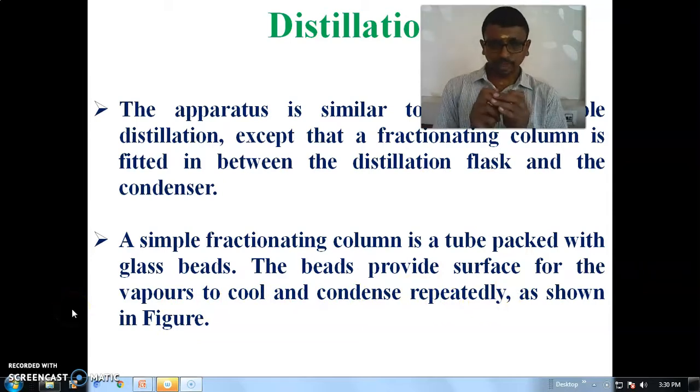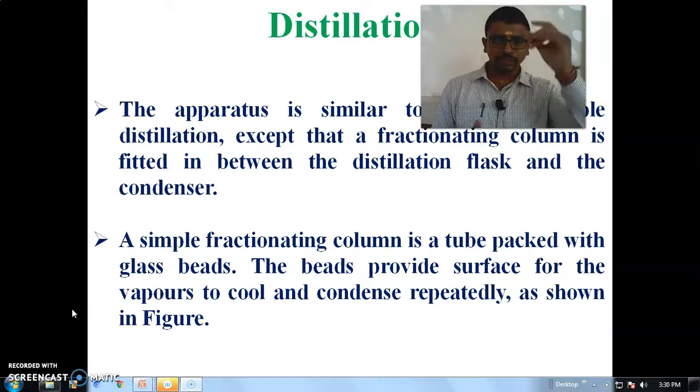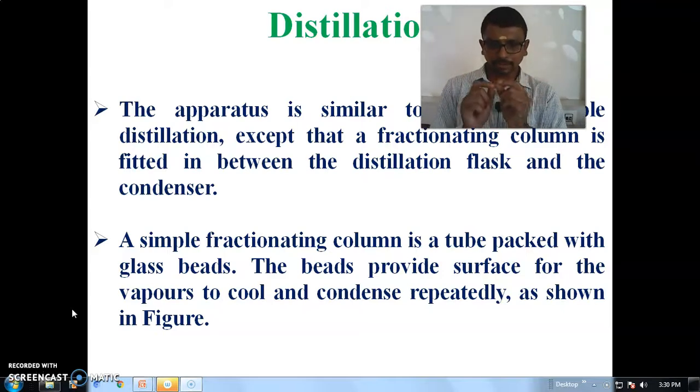So in that fractionating column, we have to fit some beads. We have to pack it with the beads, and with the beads there are some spaces. So it will provide the surface for vapors to cool.